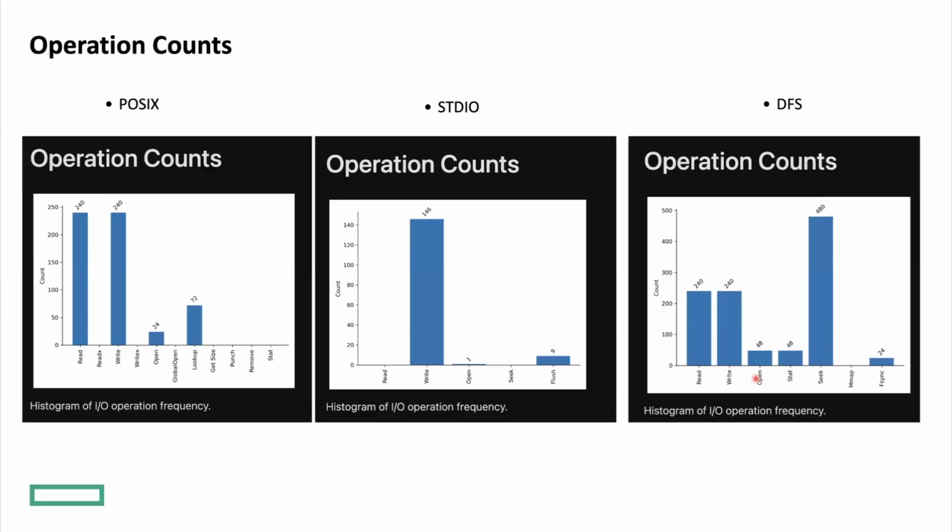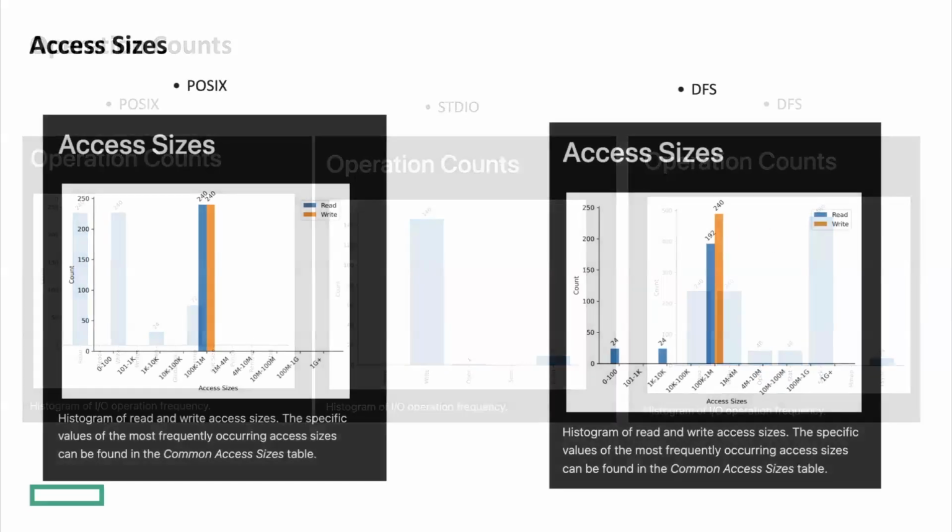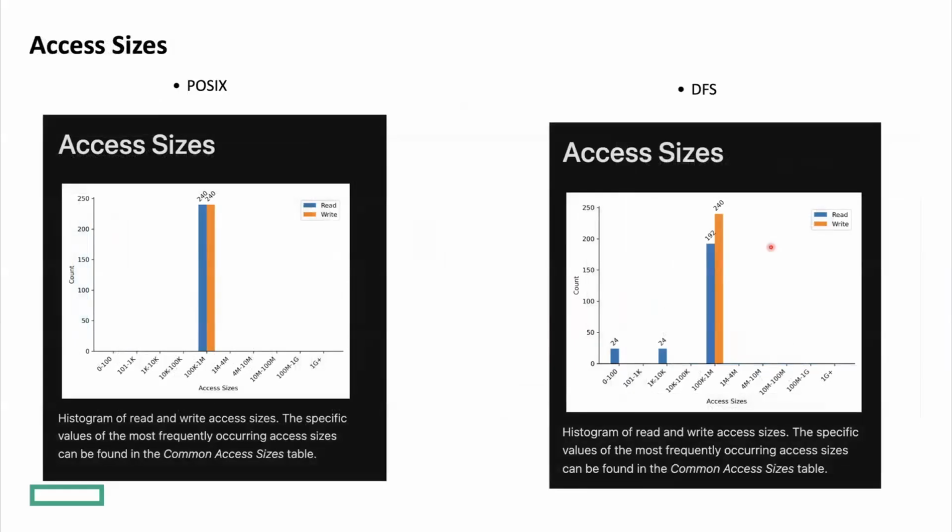So you can also get the operation level statistics and the access sizes as well. As you know, we are using 1 megabyte transfers with 10 megabyte blocks, so all that falls under this region here for both reads and writes.